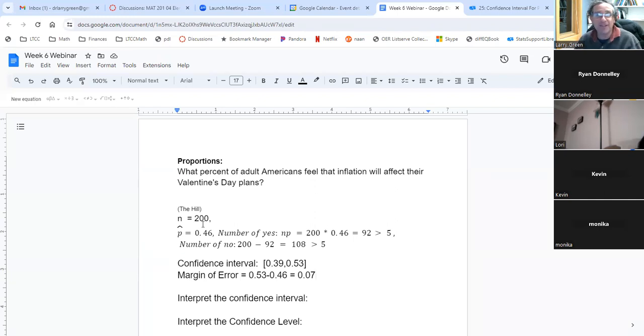Okay. If you're not given this 0.46, you can always just add these up and divide by 2 and get the 0.46. Because the center of the confidence interval will always be your sample proportion, or sample mean if we're doing means. Any questions on that idea?